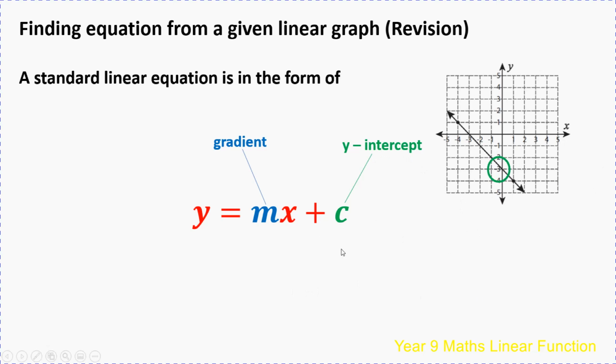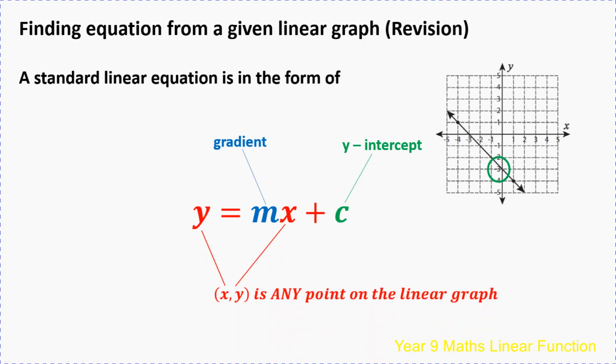The meaning of y-intercept is the point where the line cuts the y-axis, when x is 0. And how about x and y? Remember, x and y form the coordinates of any point on the linear graph.